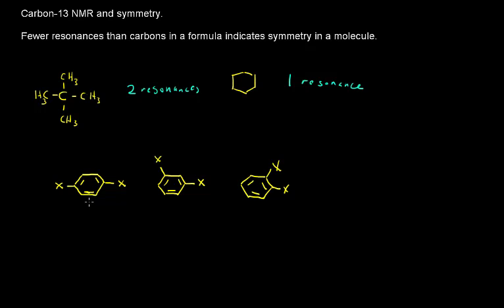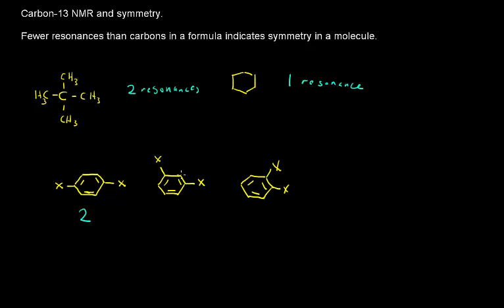There's a symmetry plane right down the center of that benzene ring. So these 4 carbons are all identical, and these 2 carbons that are attached to the substituents are different from the 4, but identical to each other. That's 2 different types of resonances. So we see 2 resonances here for the carbons.